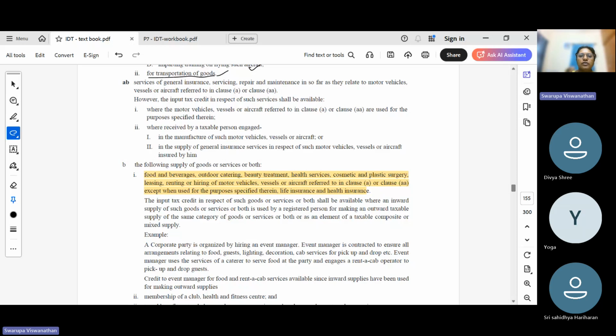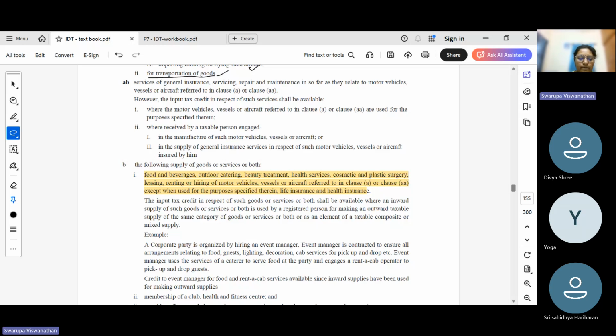Who is actually consuming the service provided by the car or the cost of the car? It is being consumed by the company. Now, this cannot be pushed on to the ultimate consumer. You cannot push this cost to the ultimate consumer, saying that I am using this in furtherance of business.